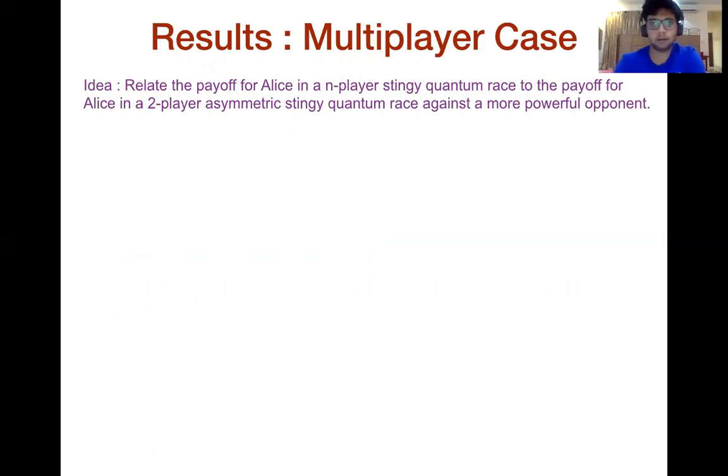Okay, so finally, we also talk about the multiplayer case. The main idea here is that we try to relate the payoff matrix of Alice in an n-player Stingy quantum race to the payoff of Alice in a two-player asymmetric Stingy quantum race against a more powerful opponent.